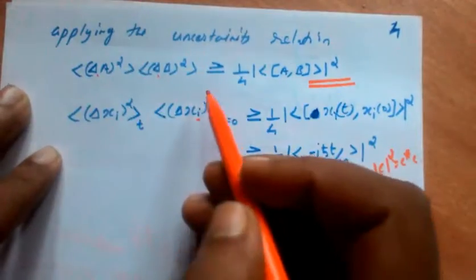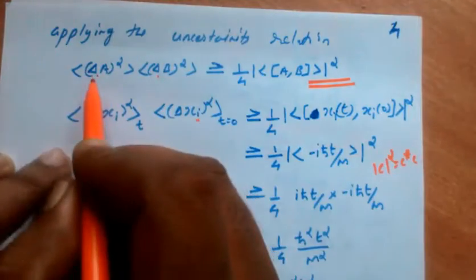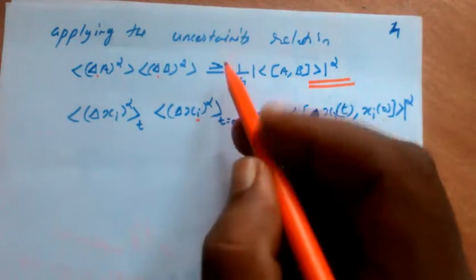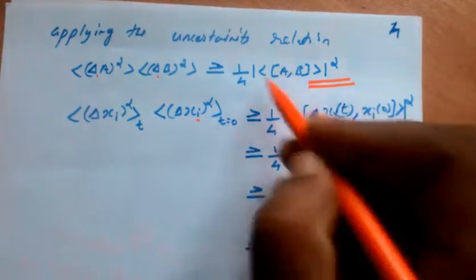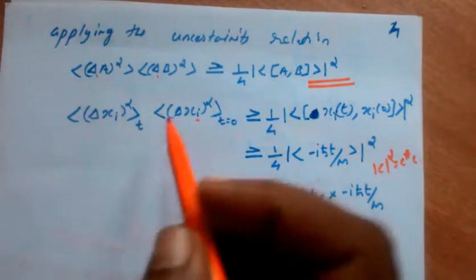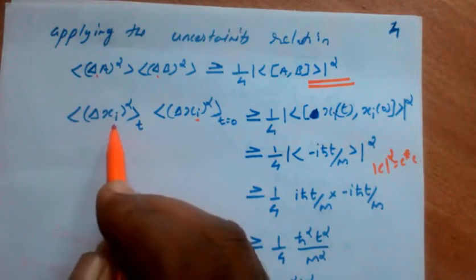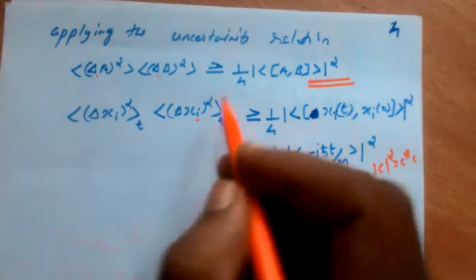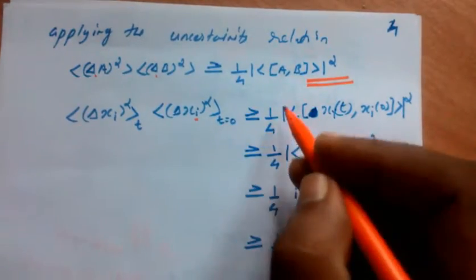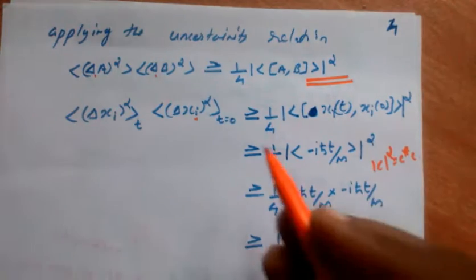When our consideration is Heisenberg's uncertainty relation, it is this one: the expectation value of delta A whole square into delta B whole square is greater than or equal to 1 over 4 mod of the commutator of A and B whole square. So here we take one operator as delta xi square, expectation of delta xi square at a time t, and the other operator is delta xi square at a time t equal to 0. That should be greater than or equal to 1 over 4 mod of the commutator of xi of t and xi of 0 whole square.